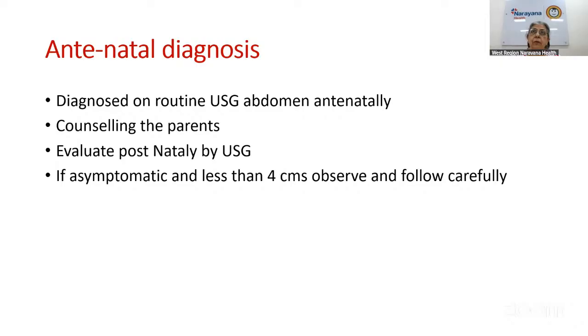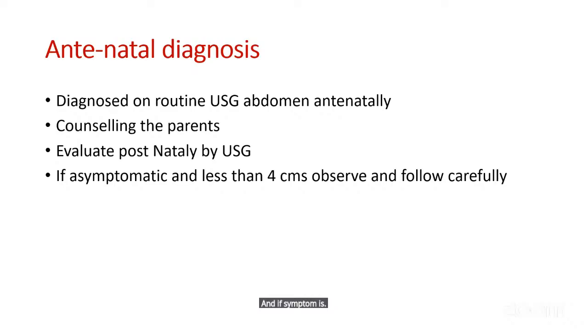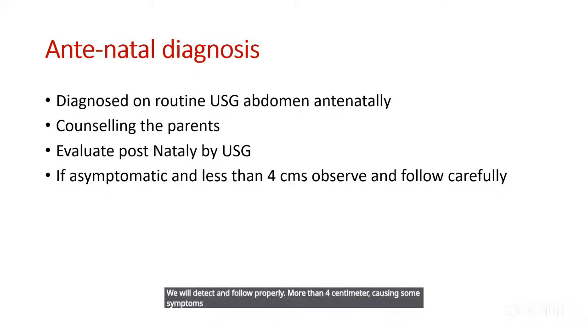Once the child is born, we can do the sonography and see what kind of cyst we are suspecting. If asymptomatic and less than 4 centimeters, observe the child and follow up properly. If more than 4 centimeters or causing some symptoms, then investigate accordingly.